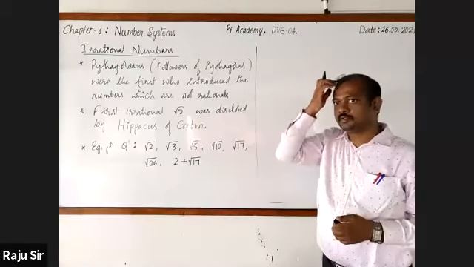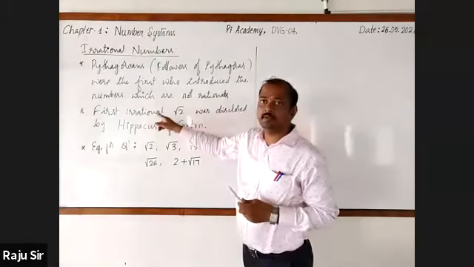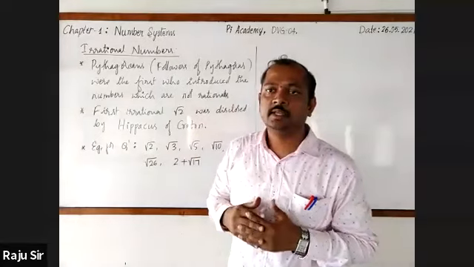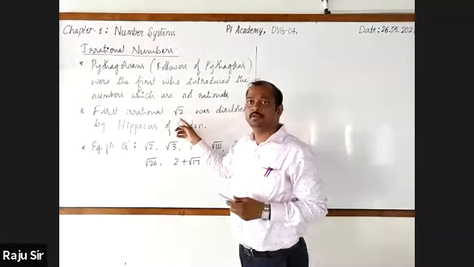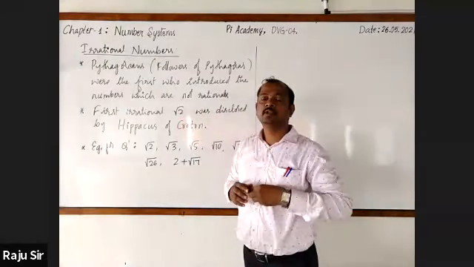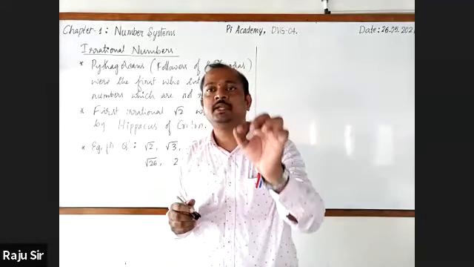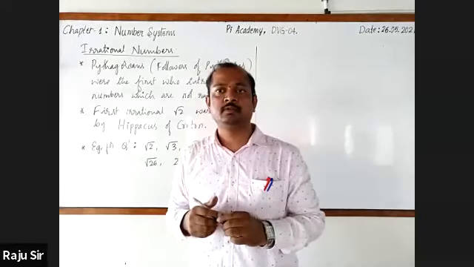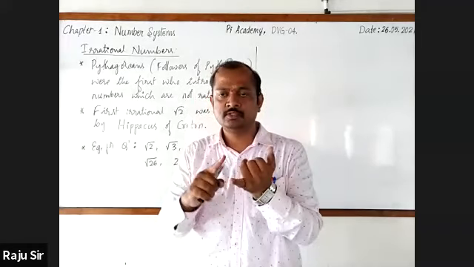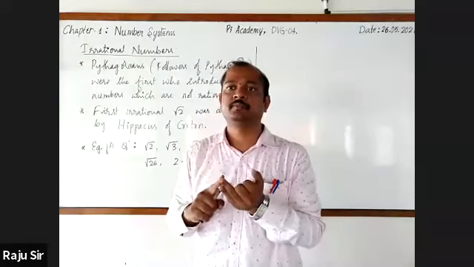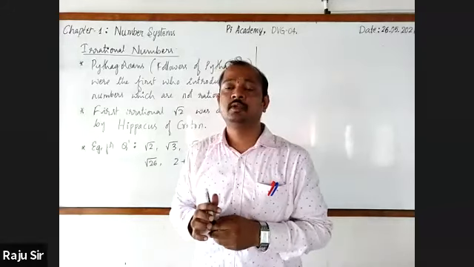Listen. I told you that one of the Pythagoreans, Hipparchus, disclosed that root 2 is irrational. And we are also very familiar with one of Pythagoras' properties related to a geometrical figure. Which is the geometrical figure?